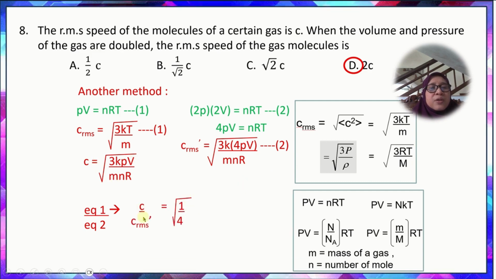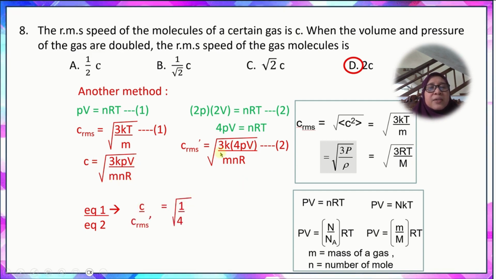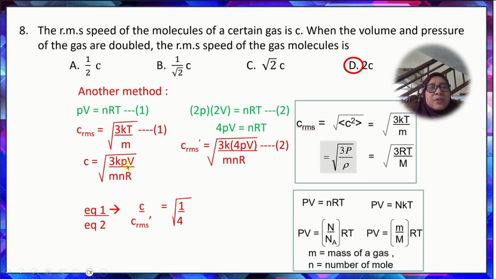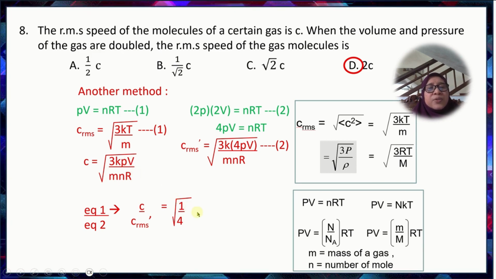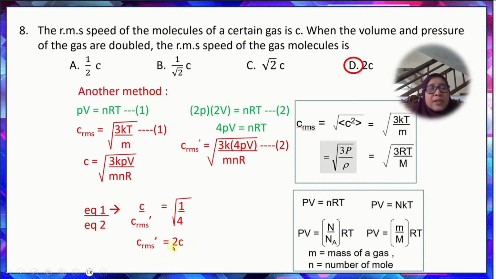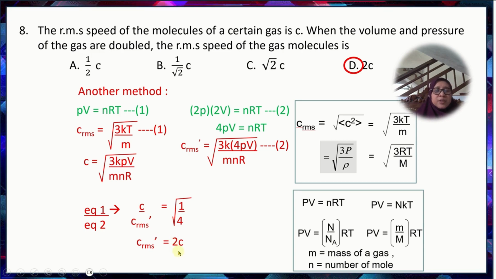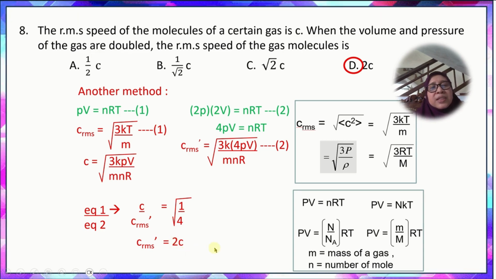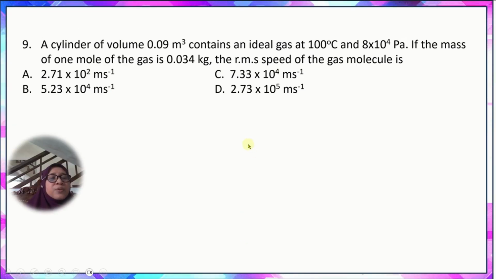So C over r.m.s, and all the constants we can cancel out. So we get 1 over the square root of 1 over 4. We cross multiply, so we get the r.m.s speed is 2C. So this is the second method. Okay, next we go to question 9.